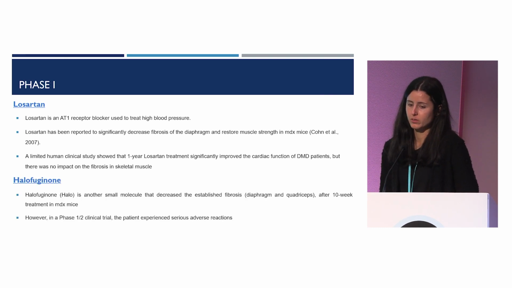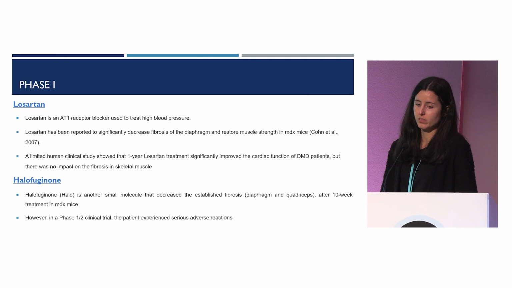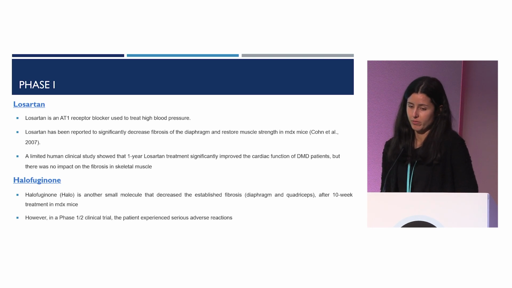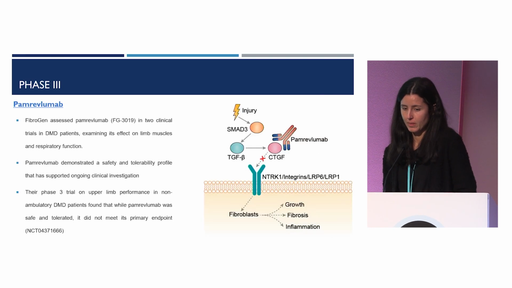The second one, halofuginone, is another small molecule that decreases the established fibrosis in the MDX mice. However, the safety and tolerability was not approved in the phase 1 clinical trial.